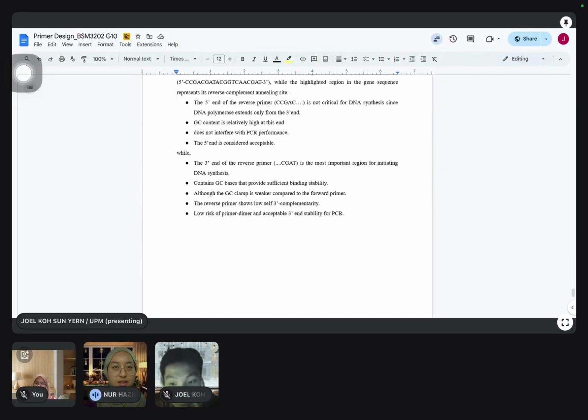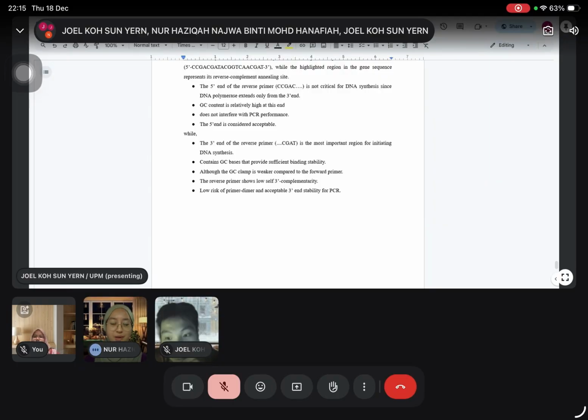So altogether, all of these factors support efficient, specific, and reproducible PCR amplification. So overall, this gene is ideal for E. coli primer. That's all from me. Thank you.